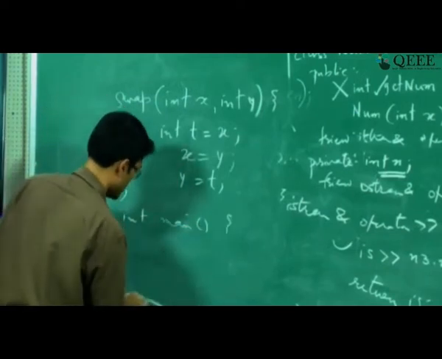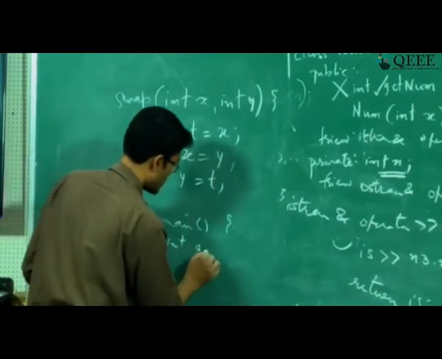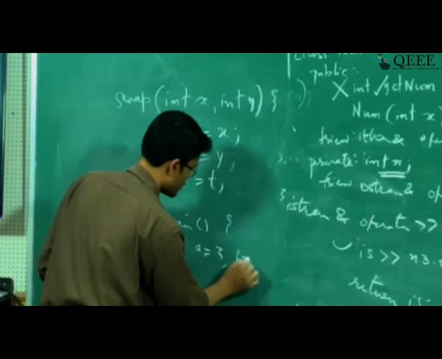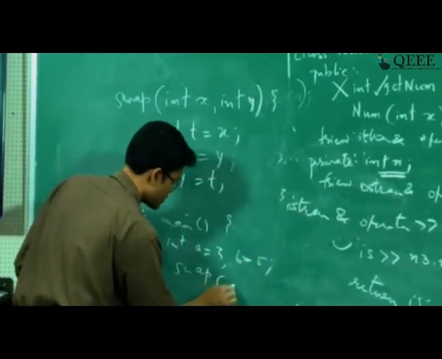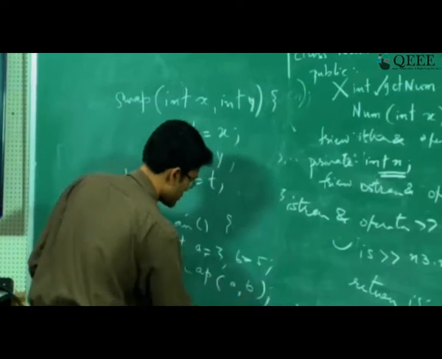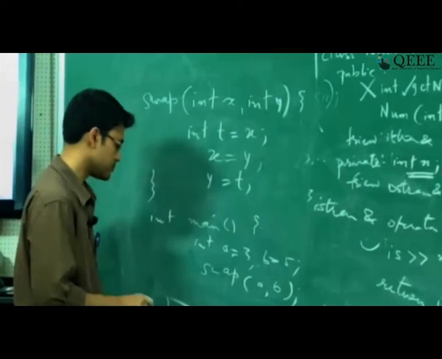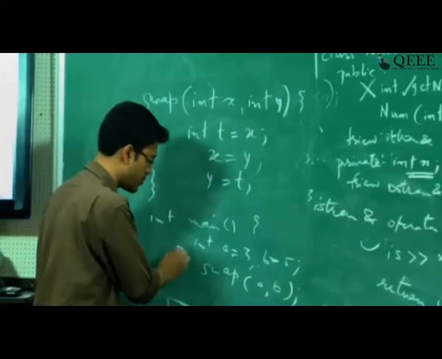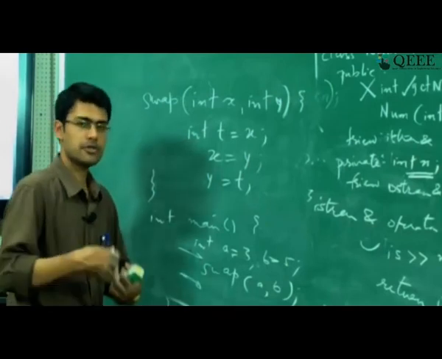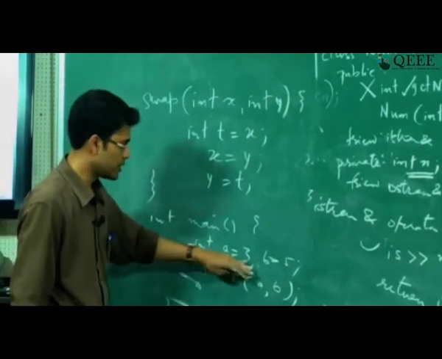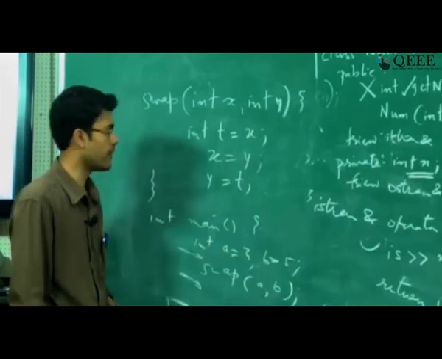Well, you can just have int a equal to 3, b equal to 5, and then we say swap a, b. Right? This is one wrong way of implementing swap. And then you can print the values. So you can have a printf before swap and after swap and check the values of a and b, and students will get surprised that, oh, the values of a and b are still the same, 3, 5 and not really 5, 3.